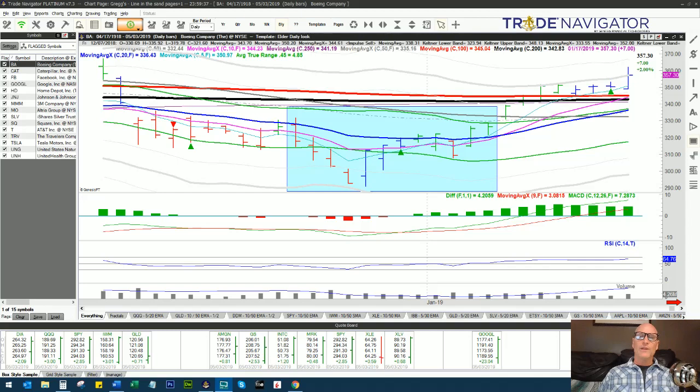So what I'm going to do today is go through a few charts. I'm going to show you some examples of higher lows, but more importantly, I'm going to tell you what's going on beneath the surface. A lot of times you see a pattern and you think to yourself, well, I've heard I'm supposed to buy that pattern.